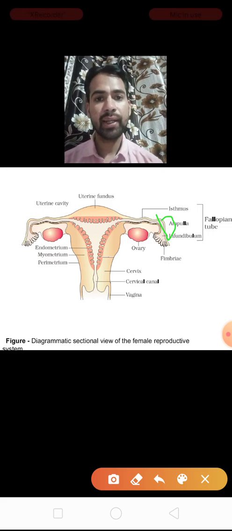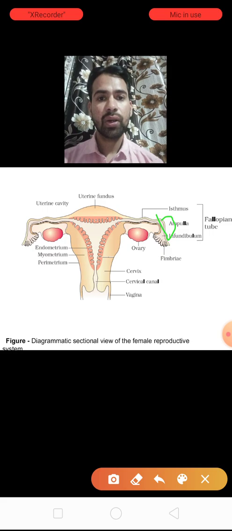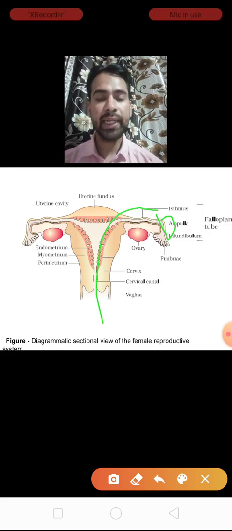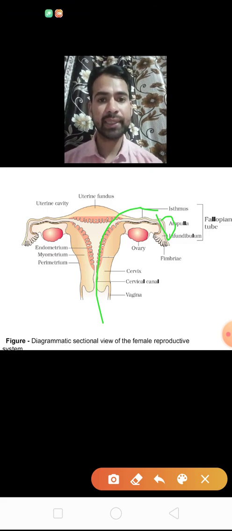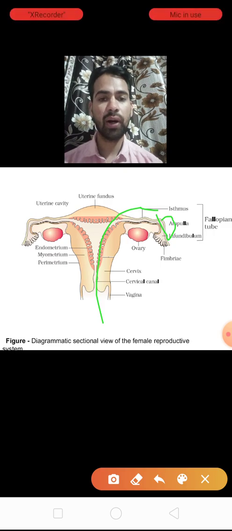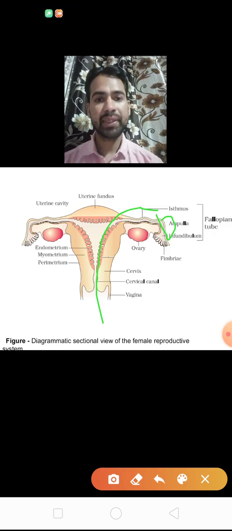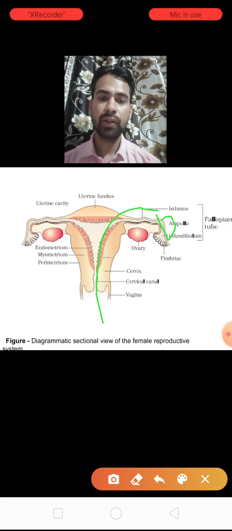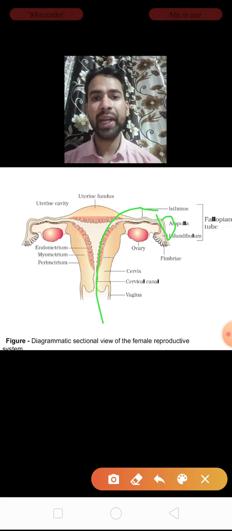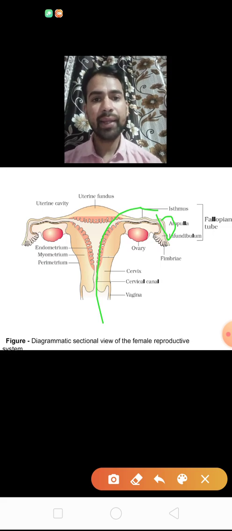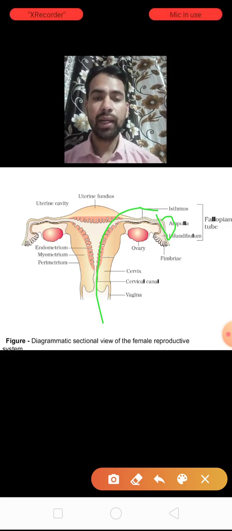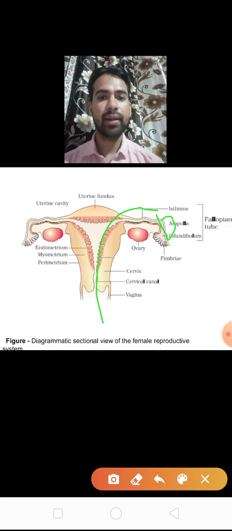Then if the egg meets sperms, it will be fertilized, meaning fertilization takes place in the oviduct or fallopian tube. If sperms are not present, after 24 to 48 hours the unfertilized egg is released from the body.